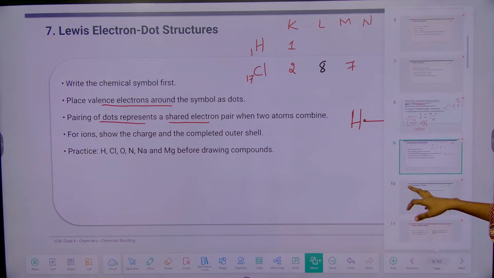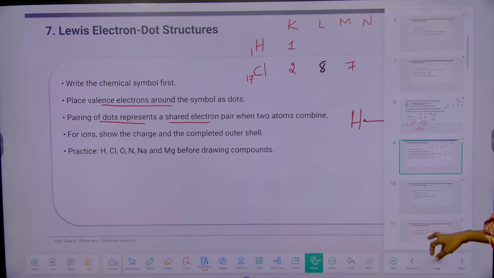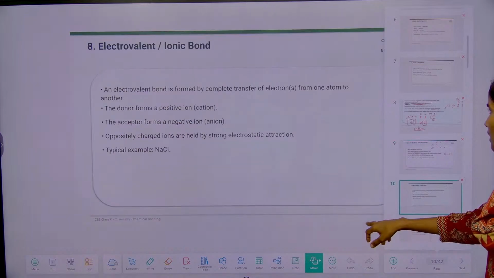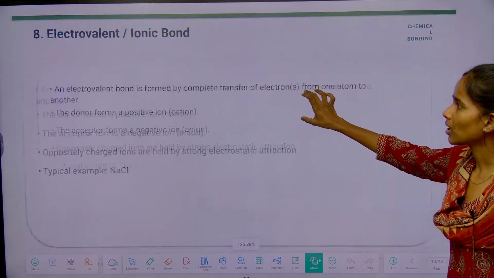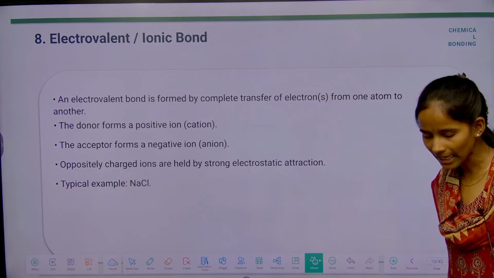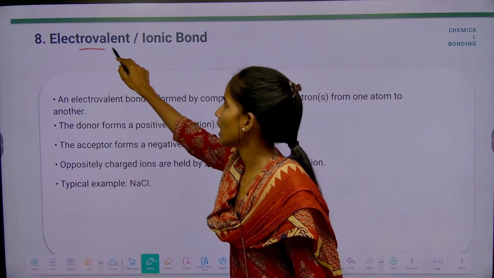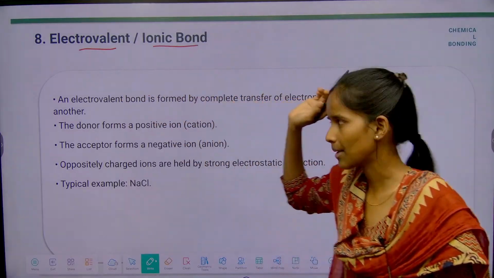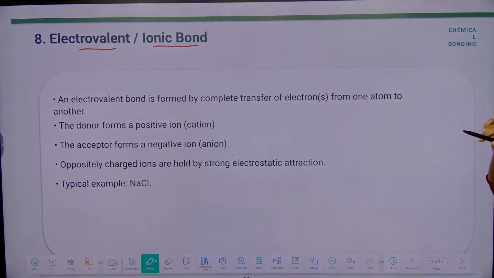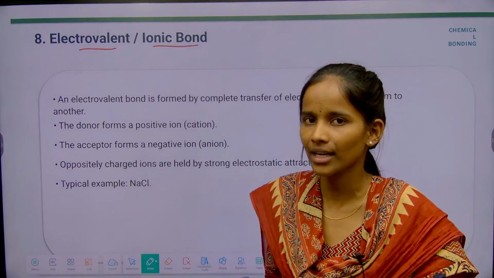We will see next, this is all about sharing of electrons. Next one, ionic bond or covalent bond. Ionic bond, or electrovalent bond, both are the same. A covalent bond is formed generally when sharing of electrons is there.